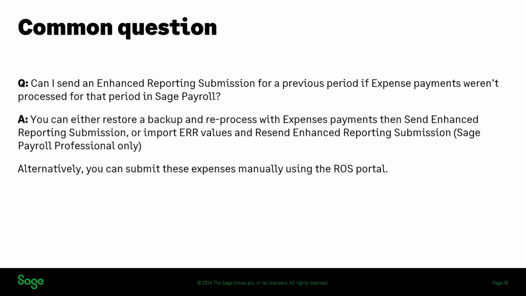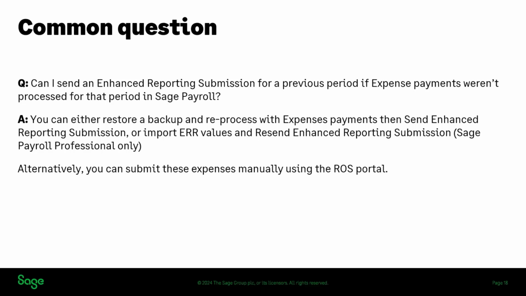You can restore a backup to that earlier period, reprocess the time and pay screen with expenses payments entered, and then when you run end of period again, you can send your enhanced reporting submission, and then you'll be able to send the details for anyone that you've corrected the payments for. Now, the second option, because with that one, you would then have to reprocess your payroll up to date.